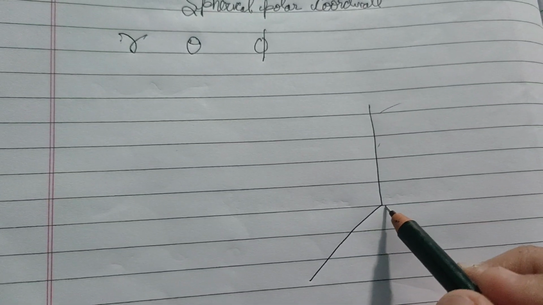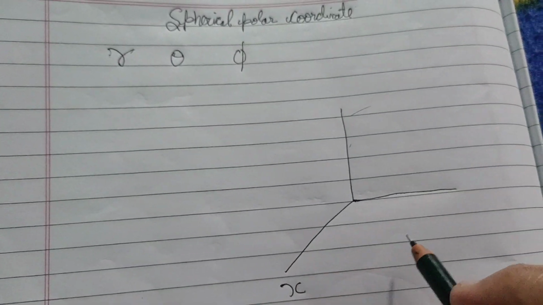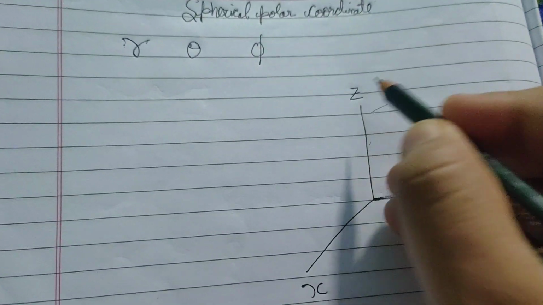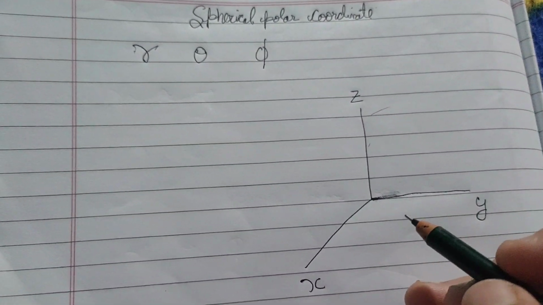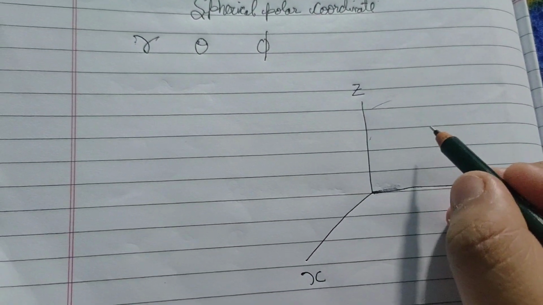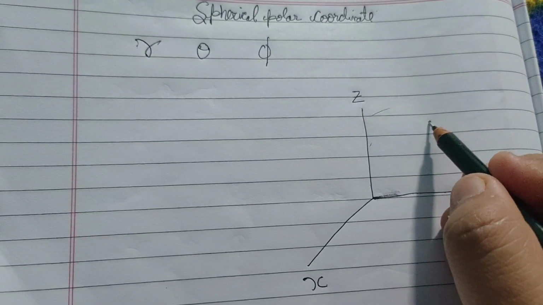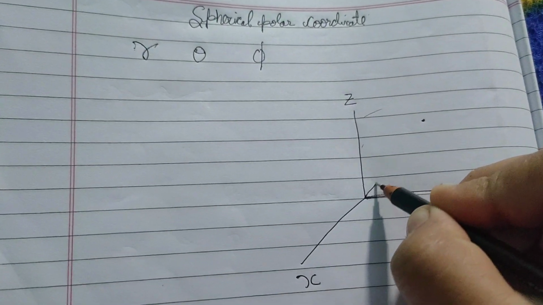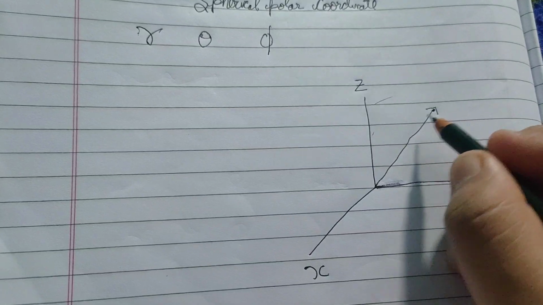There are three axes in Cartesian coordinates. This is our x-axis, this is our y-axis, and this is our z-axis. So what is the r coordinate? If we assume a point anywhere in this three-dimensional space, let's assume this is a point, and we join it with a line from the origin, this is known as the r coordinate.